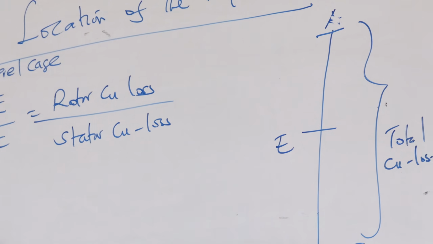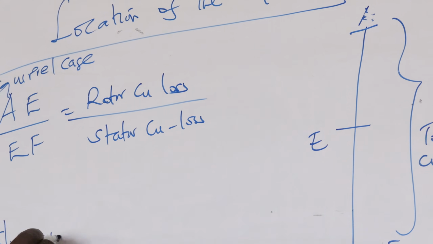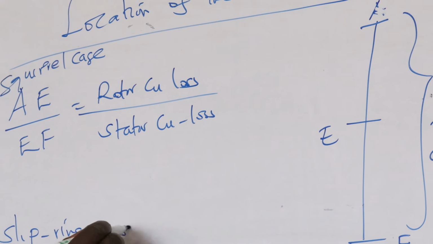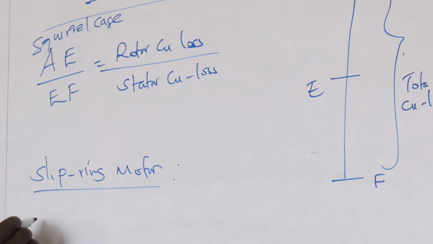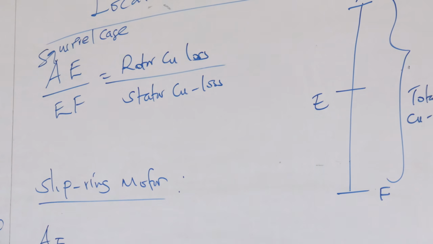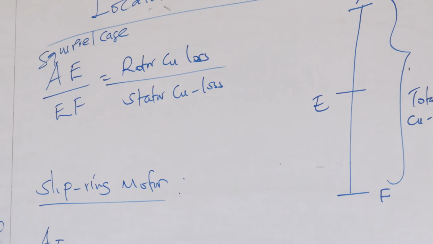Now for the slip ring motor, we can say A to E, E to F is equal to rotor copper loss over stator copper loss.